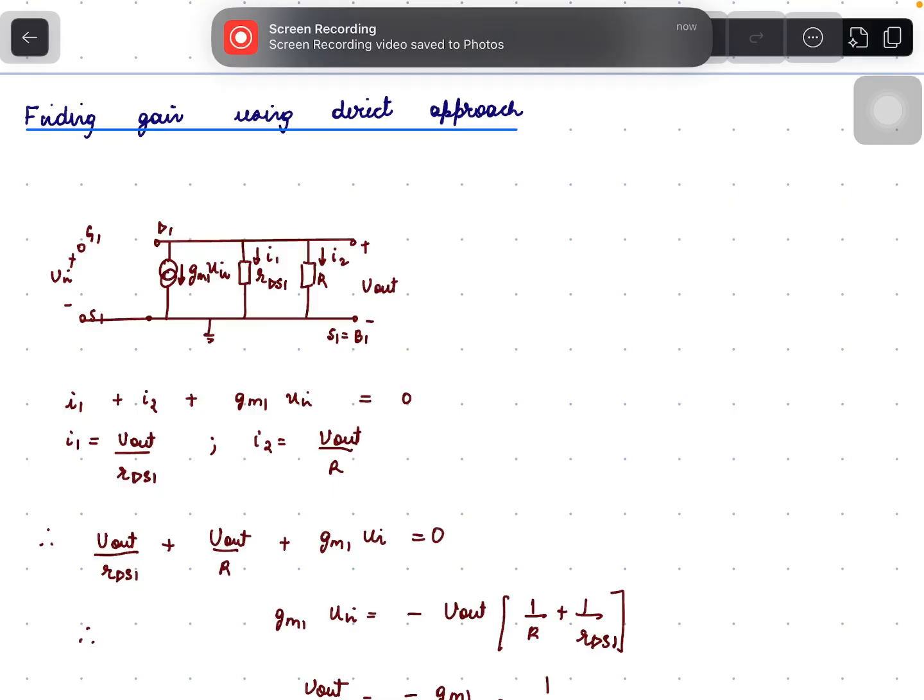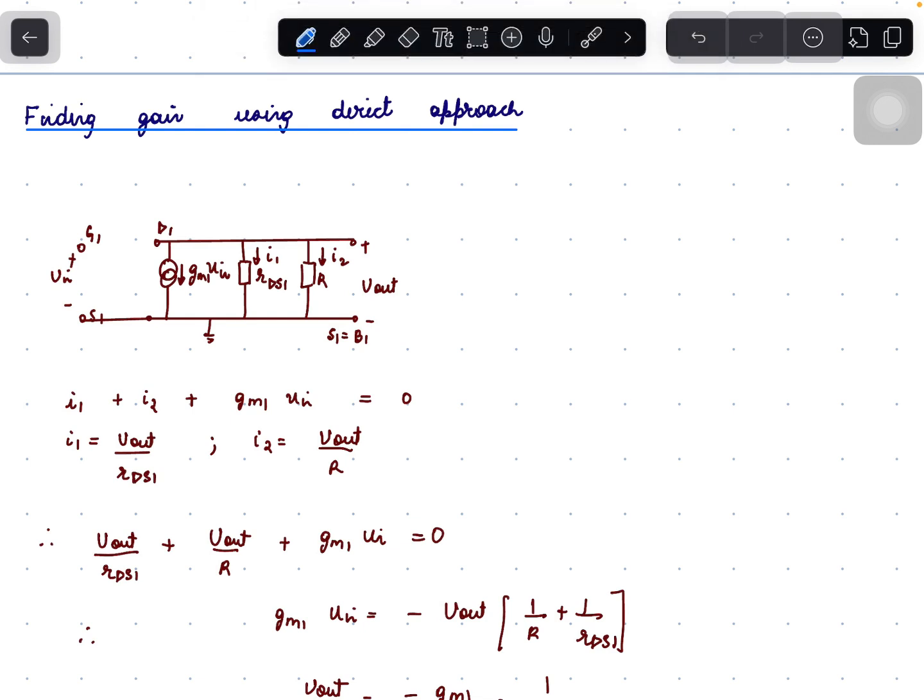Gain using direct approach using small signal analysis. The gain can be found out using the small signal analysis by direct approach.